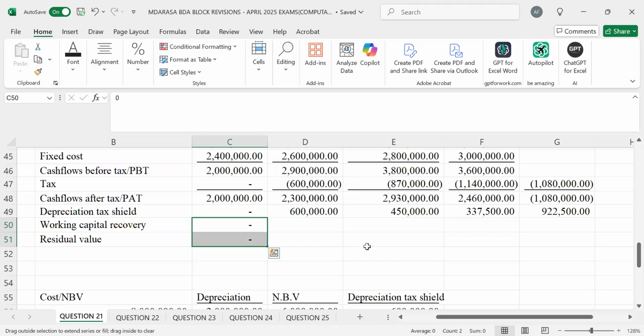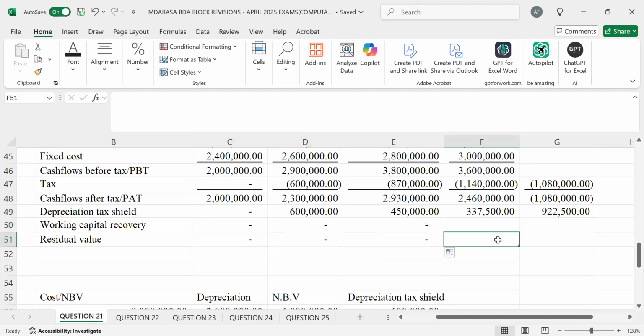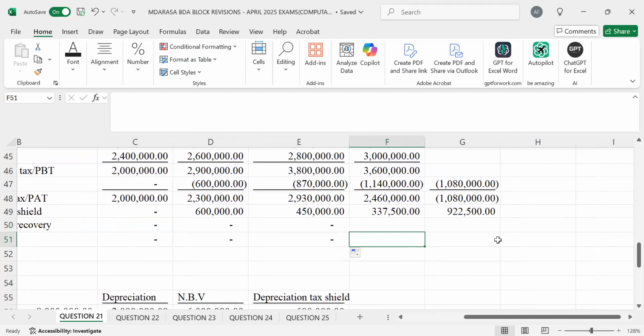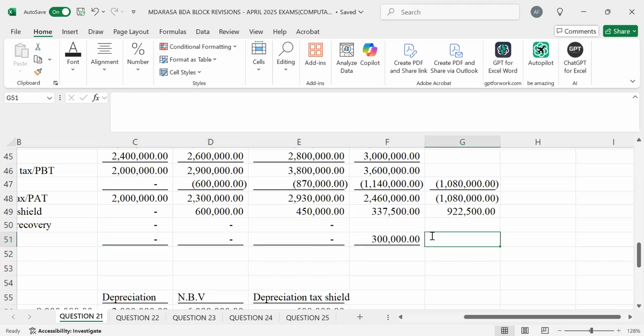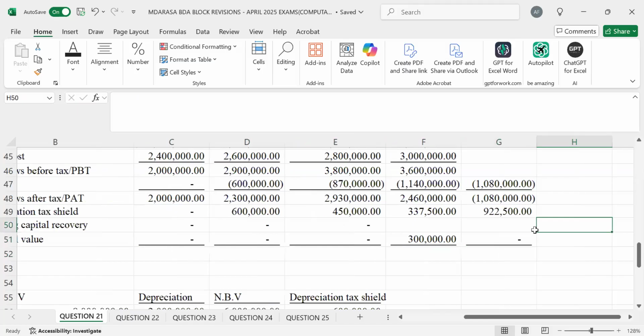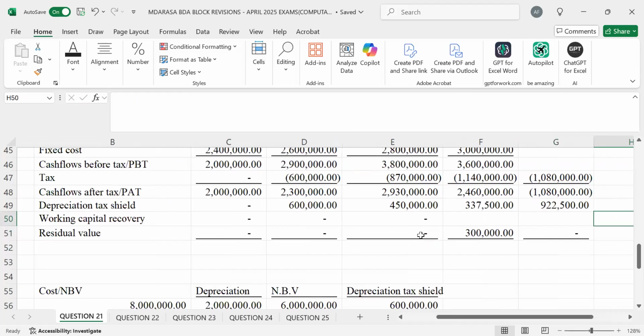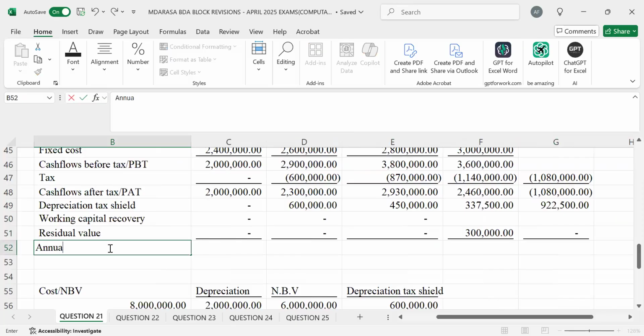But we had, of course, our residual value at year 4, which was how much? The 300,000. This is a cash flow that I'll be receiving on disposing of these assets of ours. That is what we'll be having. So in this case, we can easily determine our annual net after tax cash flows.